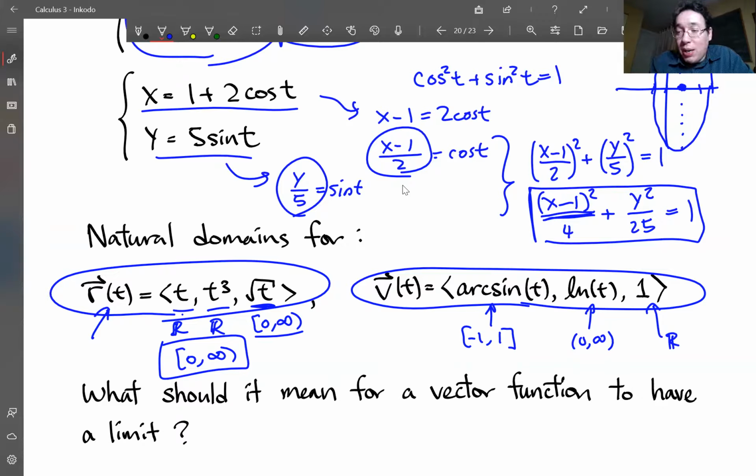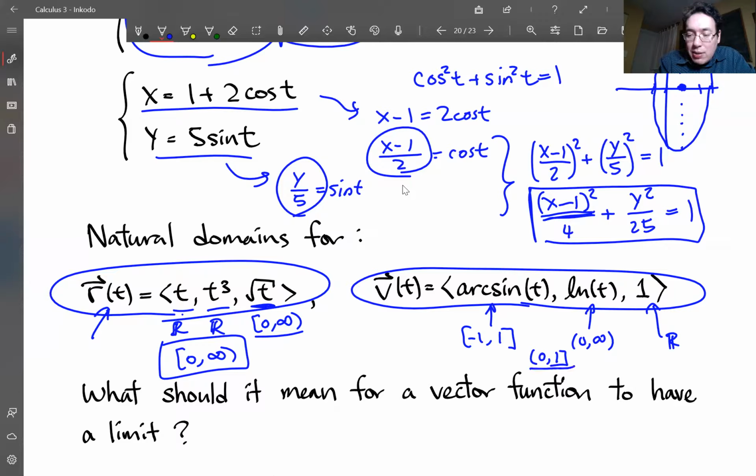So again, we have disagreement in the domain, so we just choose the most restrictive domain. We can't go from -1 to 0 because the natural log doesn't make sense there. But we can't go greater than 1 either because the inverse sine doesn't make sense. So the domain for vector function v is from 0 to 1, right?